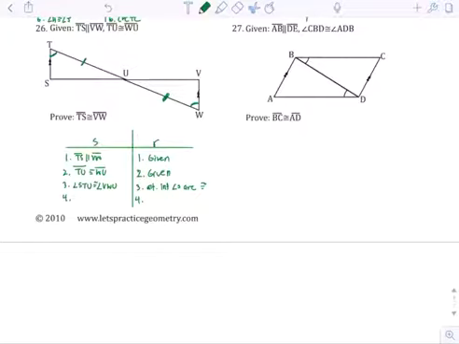And then lastly, we can say this one's congruent to this one because they're vertical angles. So angle SUT is congruent to angle VUW. Vertical angles are congruent. And number 5, CPCTC, because we can say all the corresponding parts are congruent to each other now.